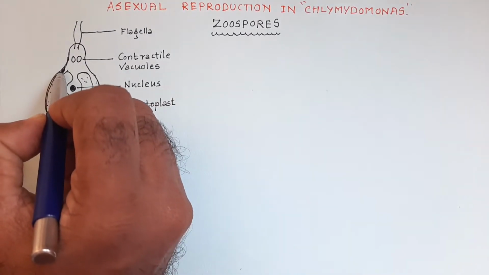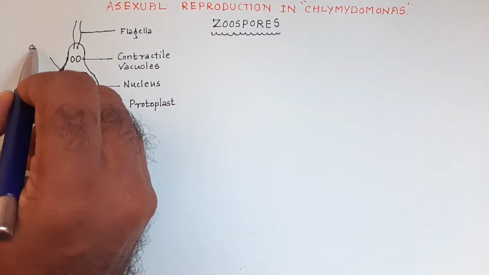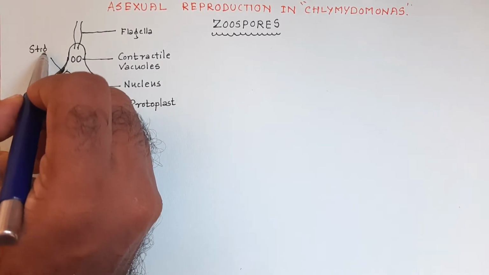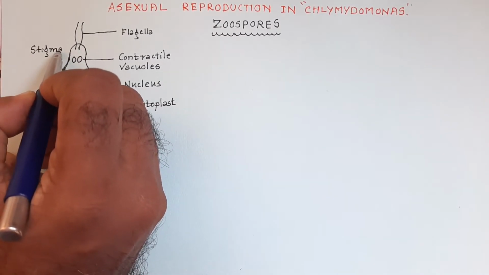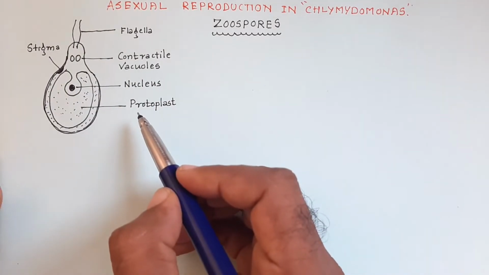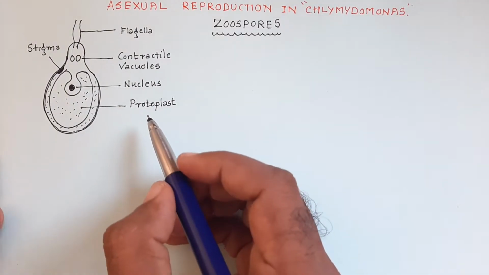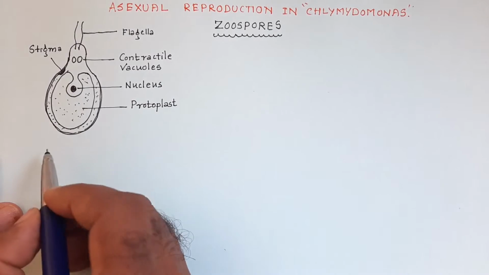And this one is the stigma, also called the eye spot. This is the basic structure of the thallus or body structure of Chlamydomonas.